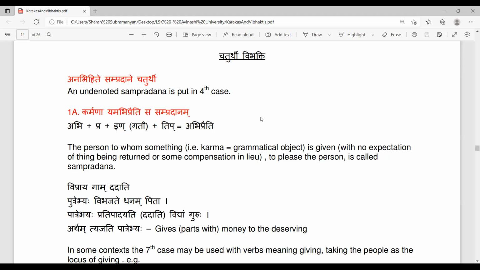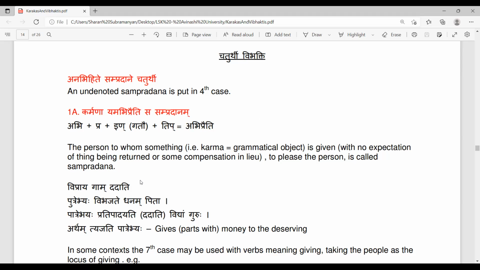That to which you give, the recipient of that, is called Sampradana. That is what we saw in the beginning. The recipient of the result of action is the Sampradana Karaka, and that will be in Chaturthi Vibhakti.